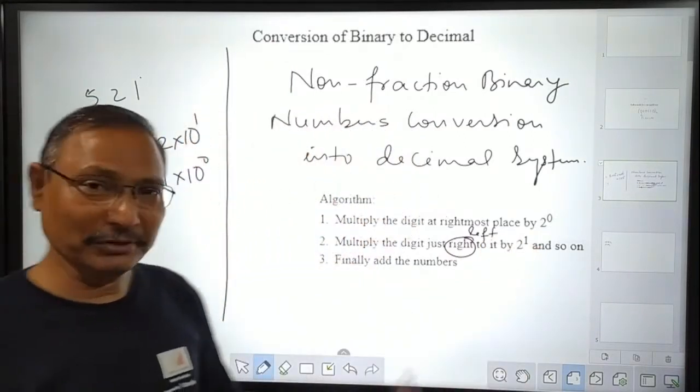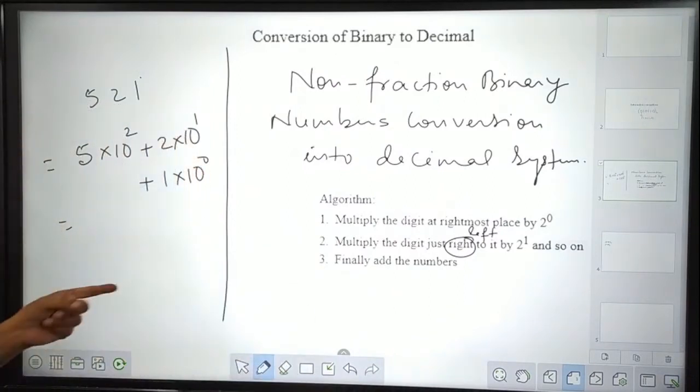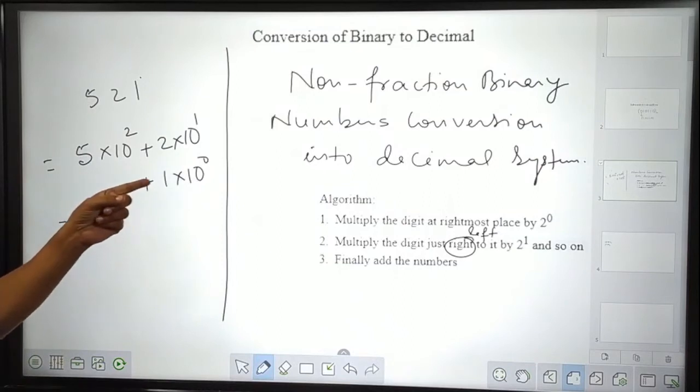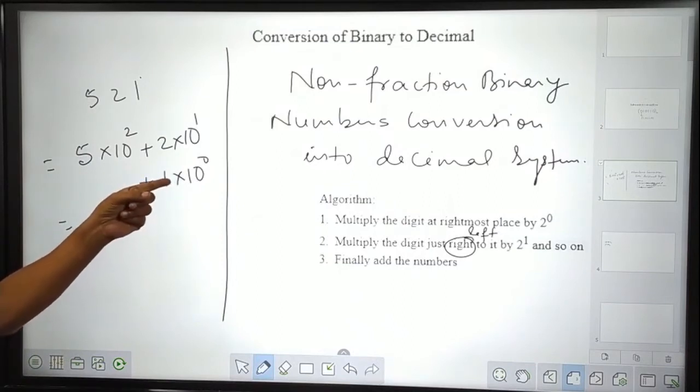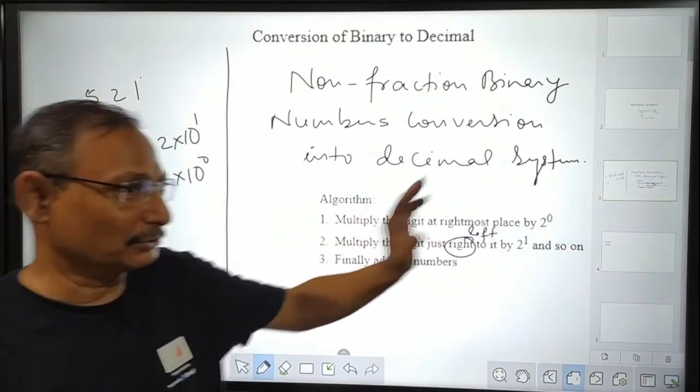Finally, add the numbers to get the value in the decimal system. Just as here the rightmost digit is multiplied by 10 to the power 0, we will multiply by 2 to the power 0.